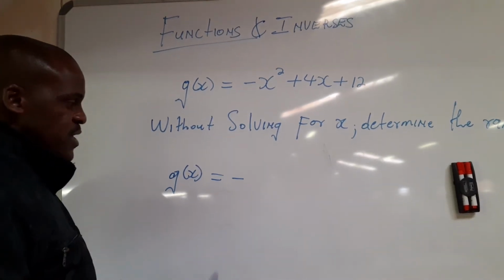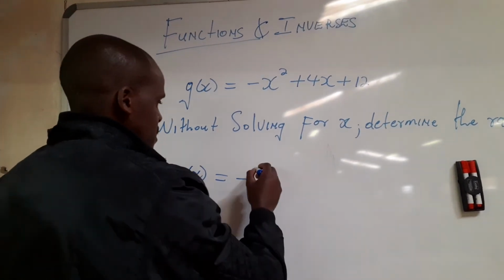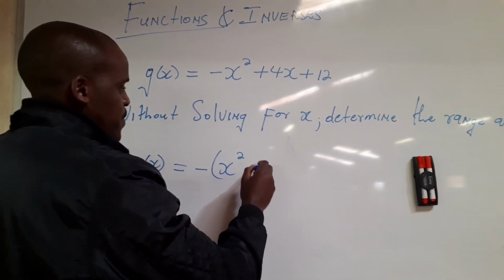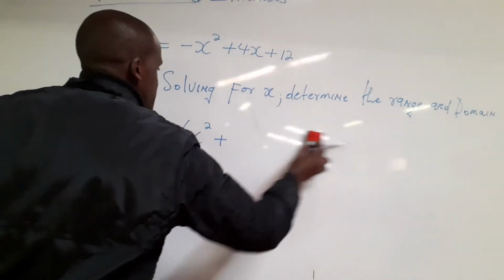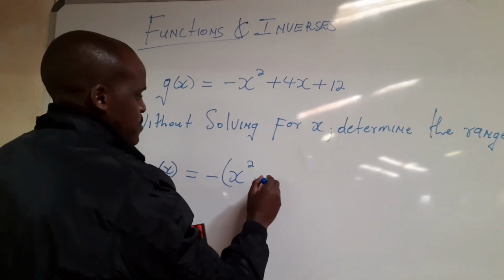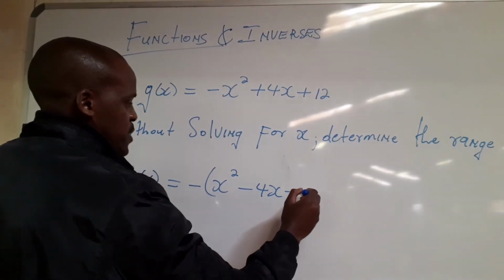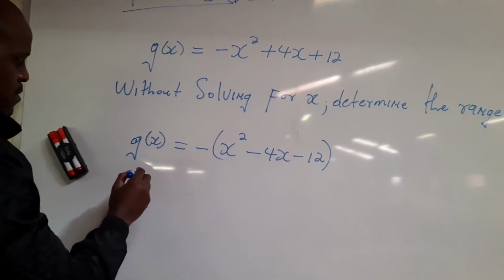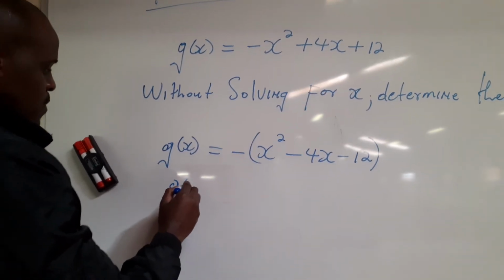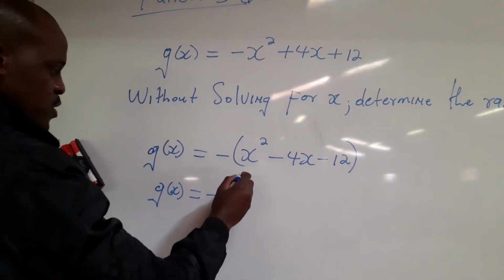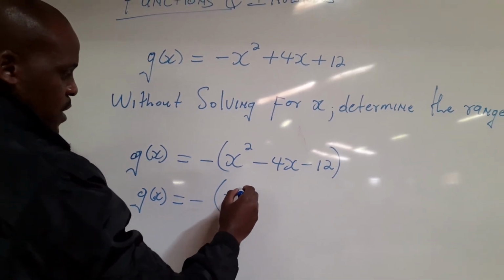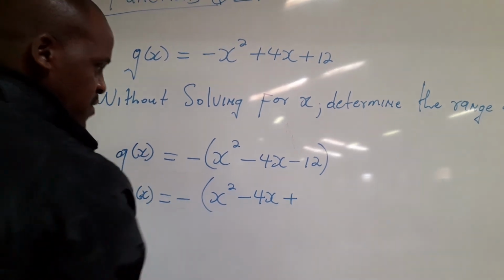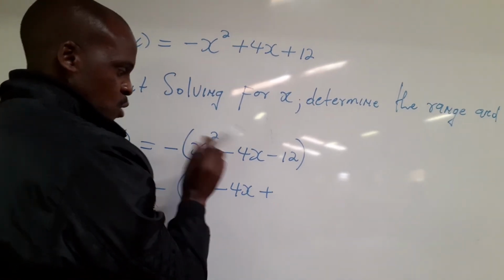We are taking out negative into x squared minus 4x minus 12. This will be equal to x squared minus 4x plus, and now we have this coefficient.